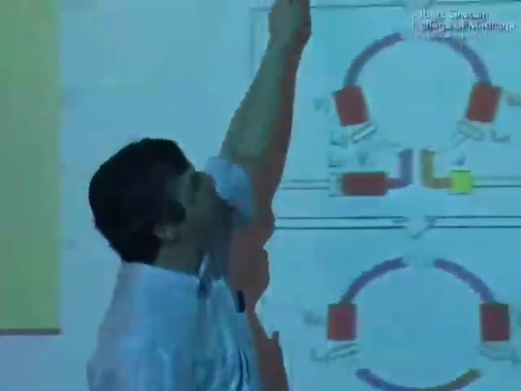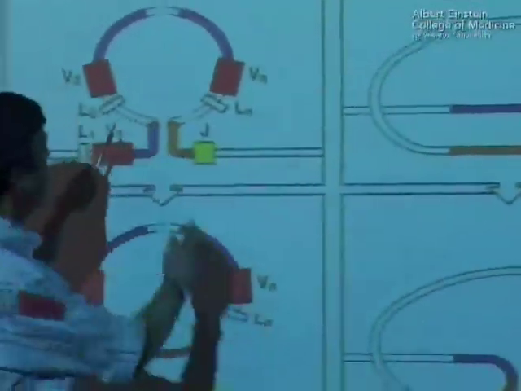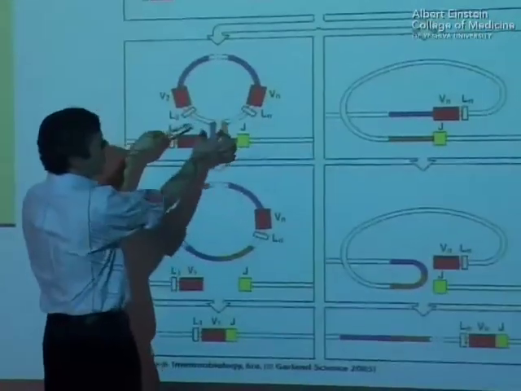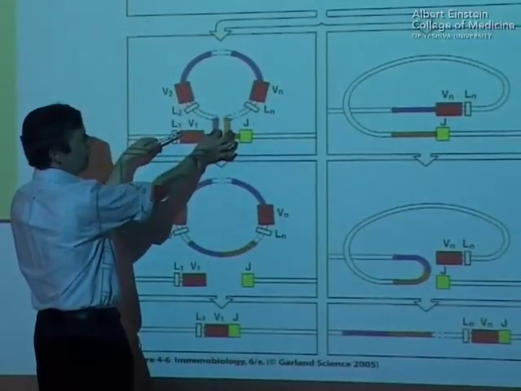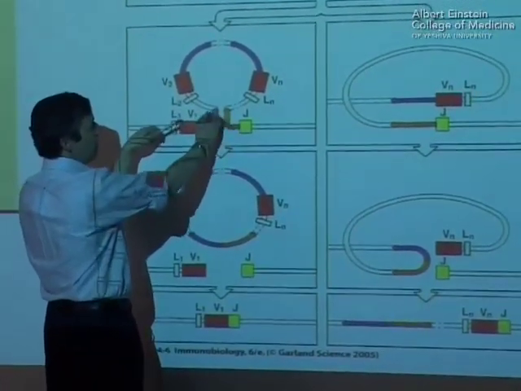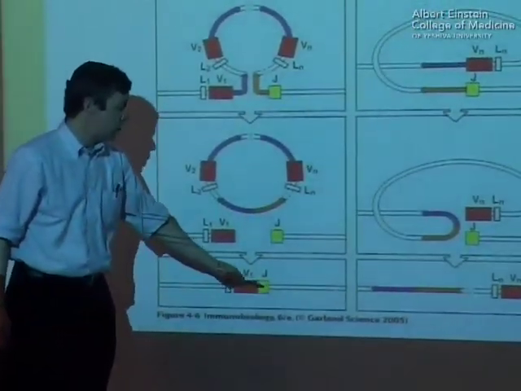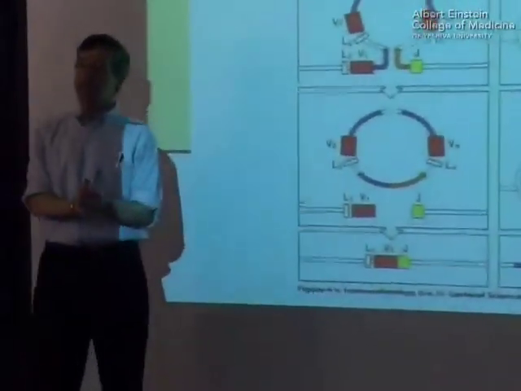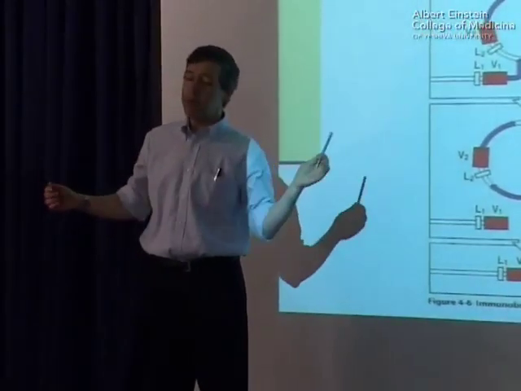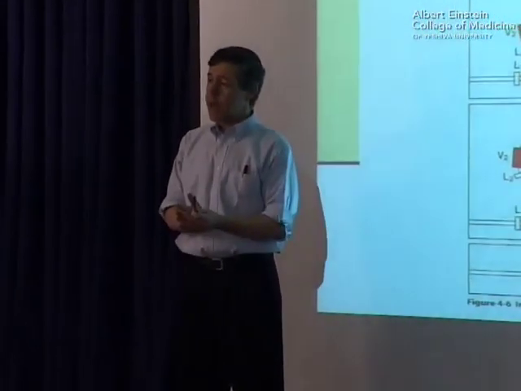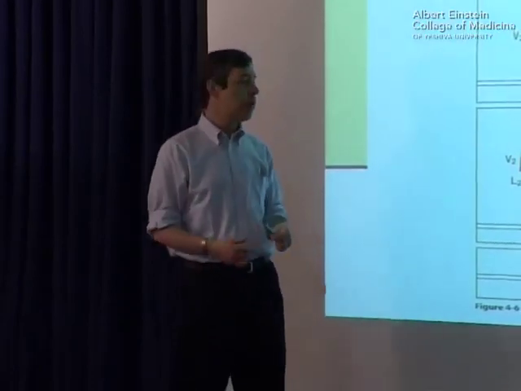recombined. So in this particular case, what you're seeing is that you have the V region, V region, V region, and they're basically being looped out because switch sequences here are getting realigned, and then this gets cut out, and now this V region and this J region come together the same way you could take trains, uncouple them, pop them out, recouple the trains back together again, and you have a different sequence of trains.